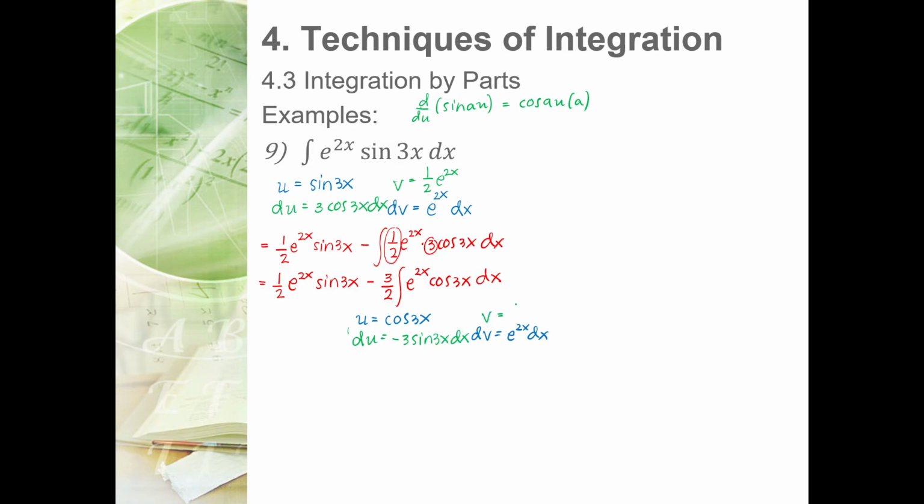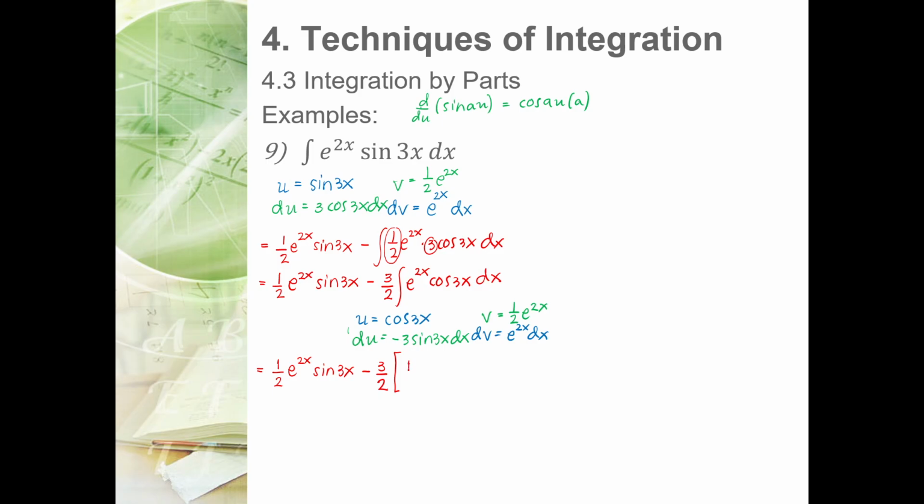And then v is again 1/2 e raised to 2x. So this one is 1/2 e raised to 2x sine 3x, minus 3/2, and then use the bracket because we have to utilize the formula uv.